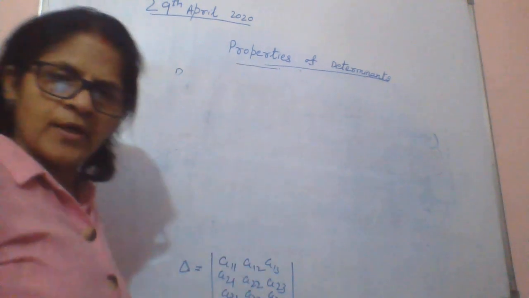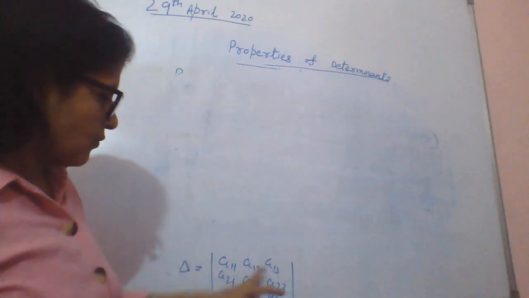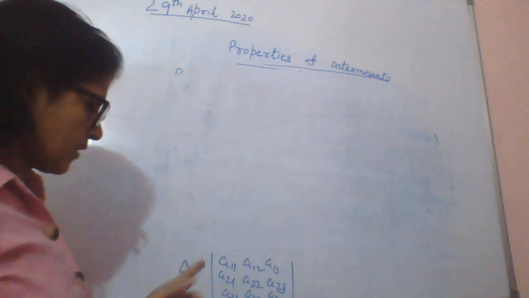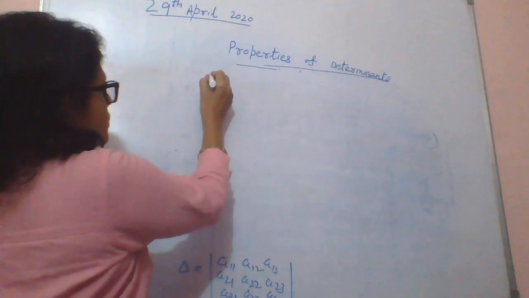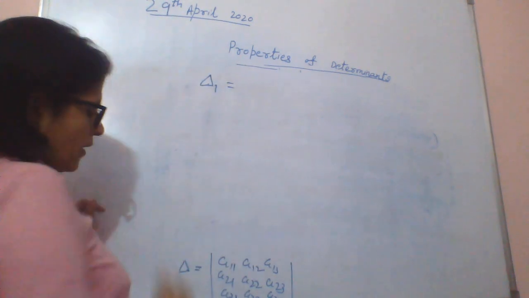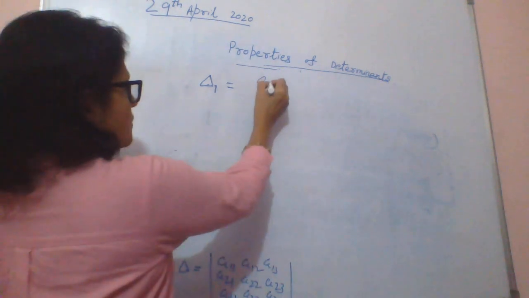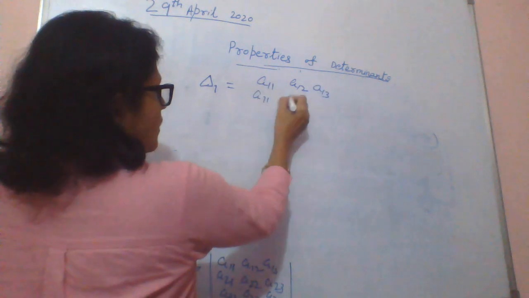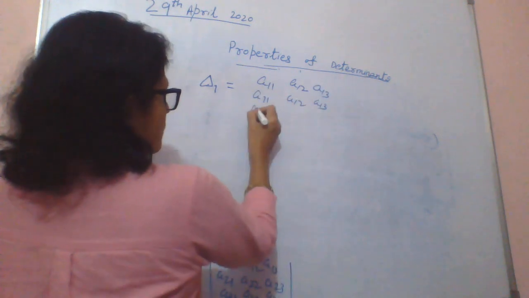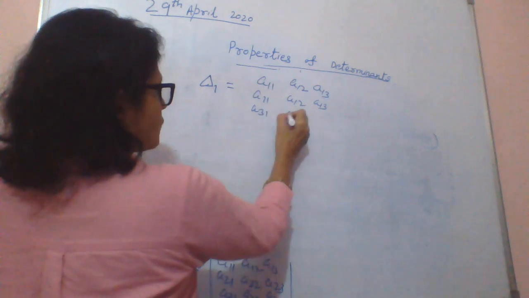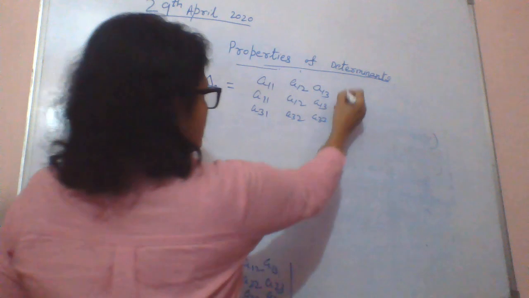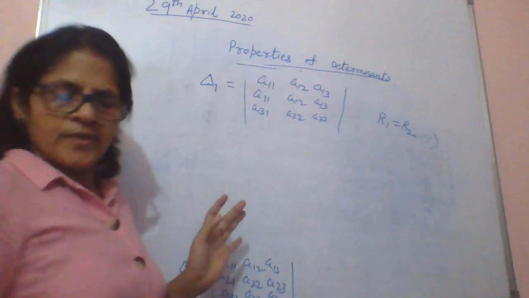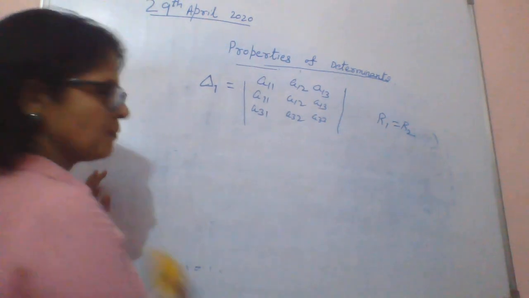If I take any two rows or two columns identical, the determinant would be like this. Suppose you have delta 1, where R1 equals R2, meaning A11, A12, A13, A11, A12, A13, and the third row is A31, A32, A33. So here you see R1 equals R2. Identical means the same row is being repeated.